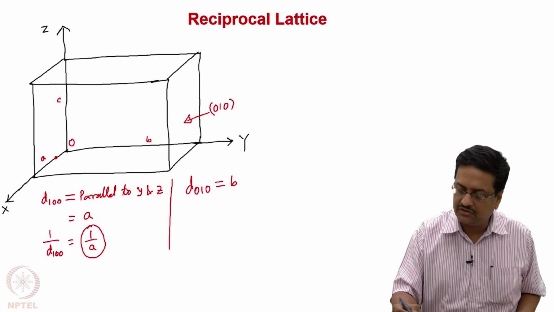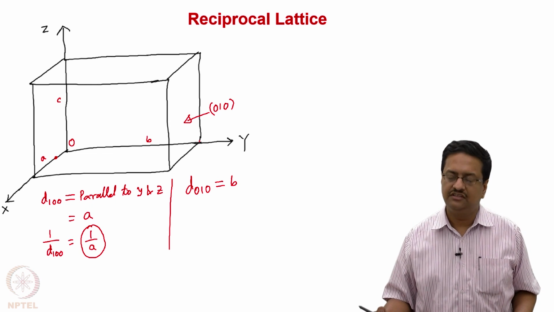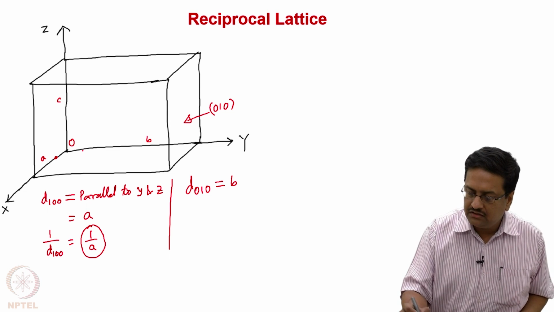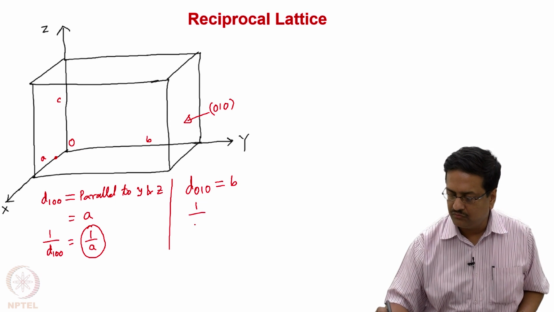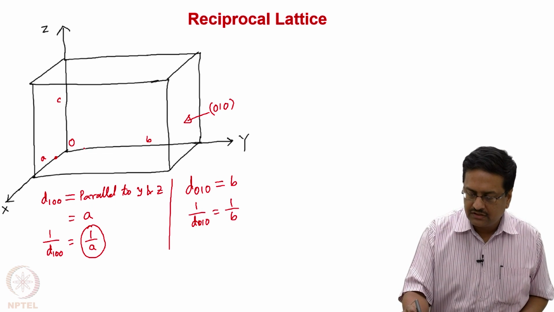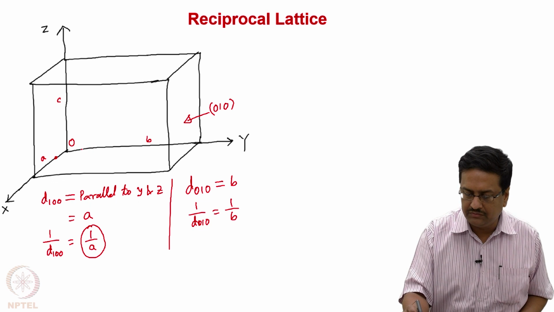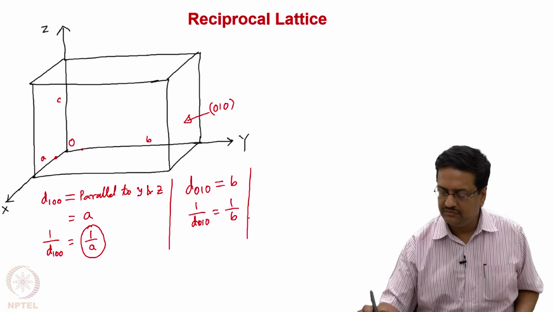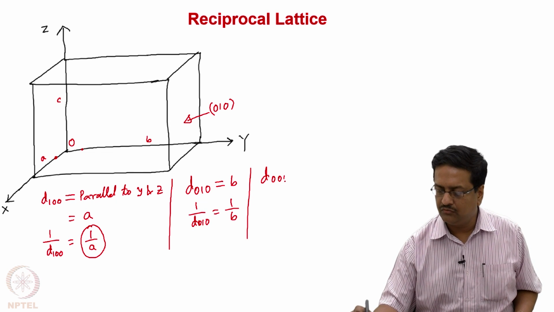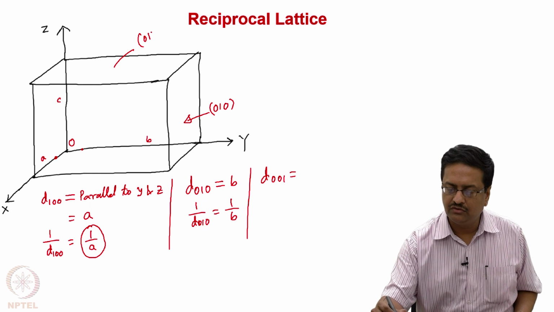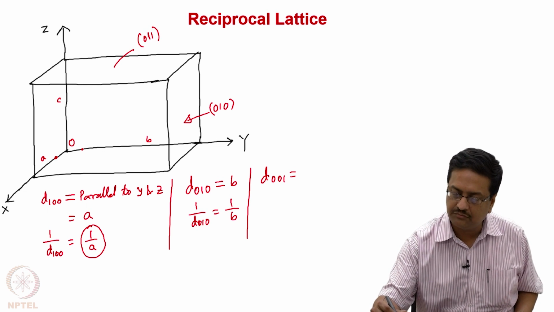So, the normal from origin to this plane is D010, which is equal to B, and we chop it at 1 by D010, which is a distance 1 by B. We put a point here, and similarly D001 is the distance of the 001 set of planes.